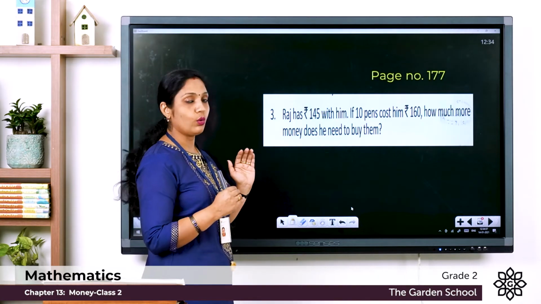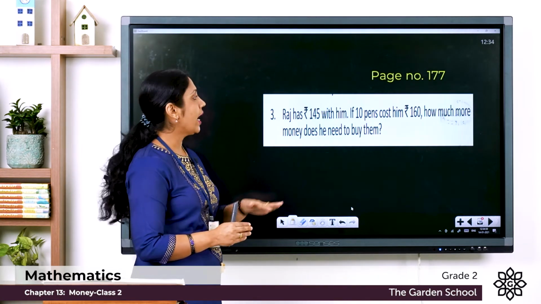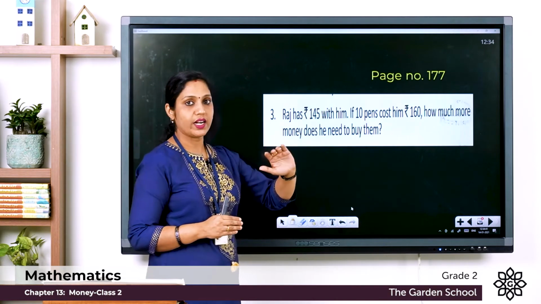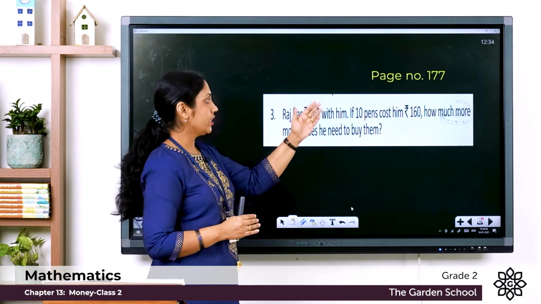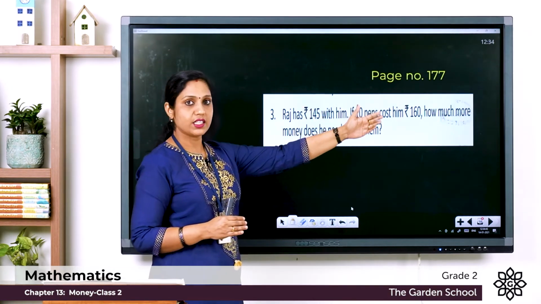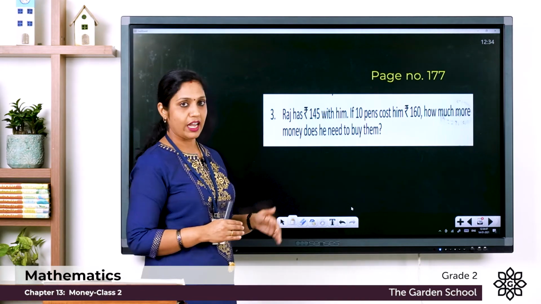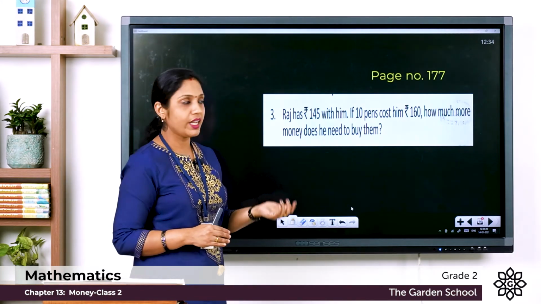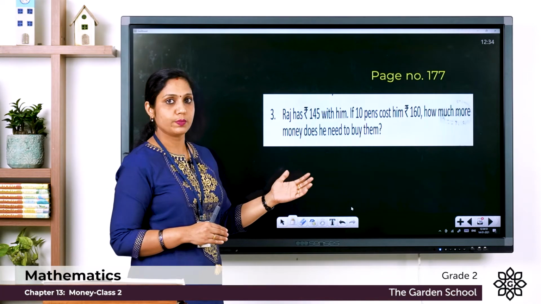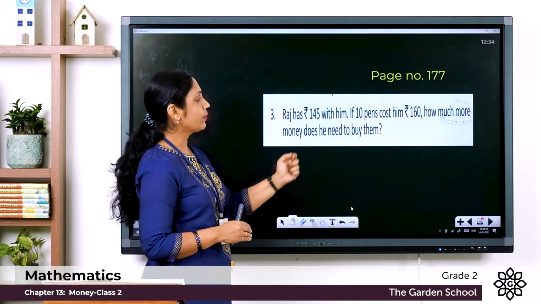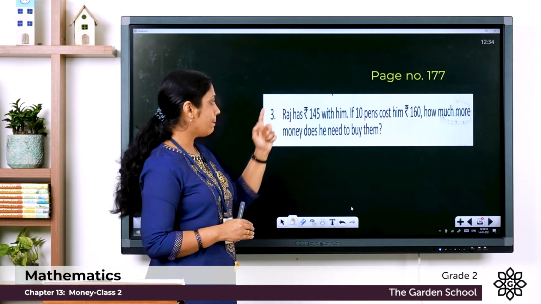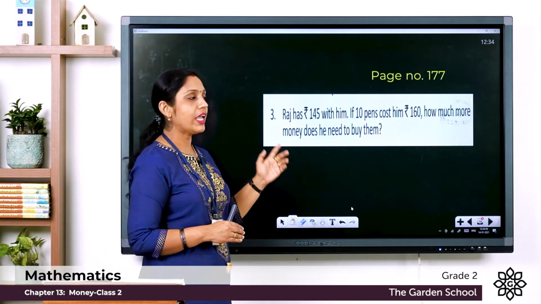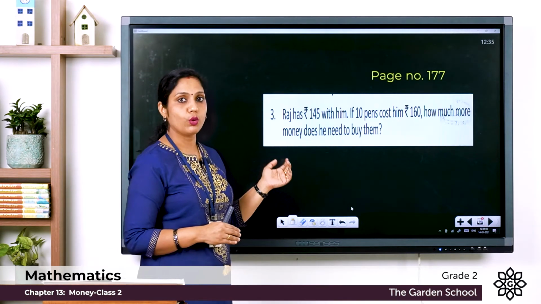So he is having only 145 rupees and the 10 pens cost 160. So which is greater? The 10 pens cost him 160. So we have to find out how much more money Raj needs to buy those pens. For doing that, we have to subtract 160 minus 145 and we'll be getting how much more money he needs.